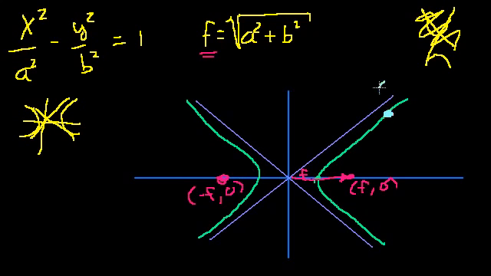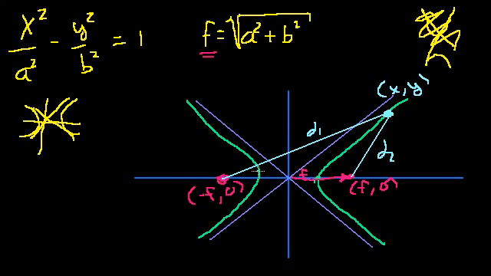So if this is the point x comma y, any point on the hyperbola, and we take this distance right here, let's call that d1, and subtract from that the distance to the other focus, call that d2, that number is a constant regardless of where we are on the hyperbola.